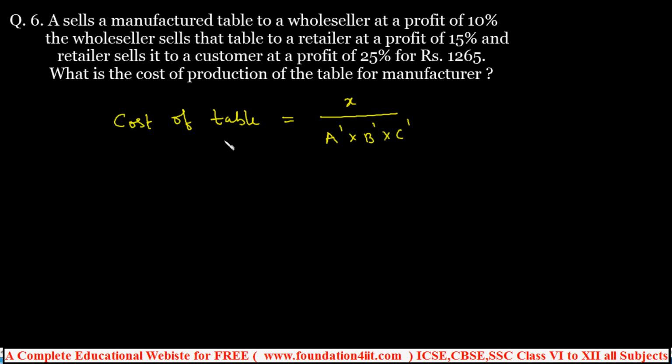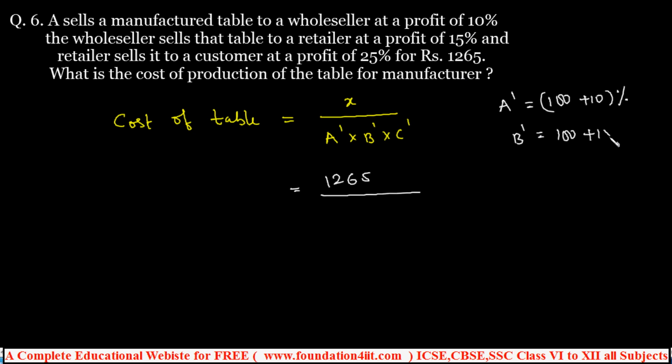Now if you apply, X is equal to 1265 divided by, here A dash is the first person who got a profit of 10%, that is 100 plus 10 percent. A dash is 110 percent, and when you come to B dash, 15 percent, so 100 plus 15 because of the gain, 115 percent.